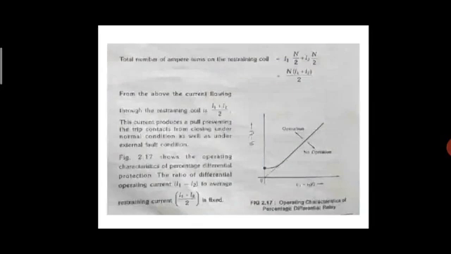The total number of ampere turns on the restraining coil is equal to I1 into N by 2 plus I2 into N by 2. We can take N common: N times (I1 plus I2) by 2. From the above, the current flowing through the restraining coil is (I1 plus I2) by 2.